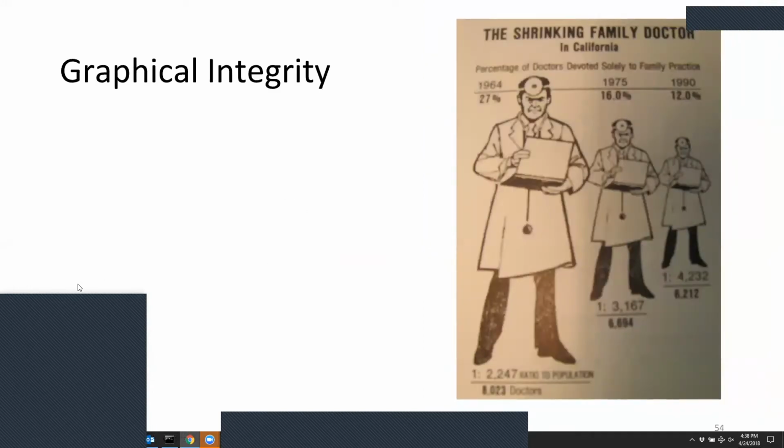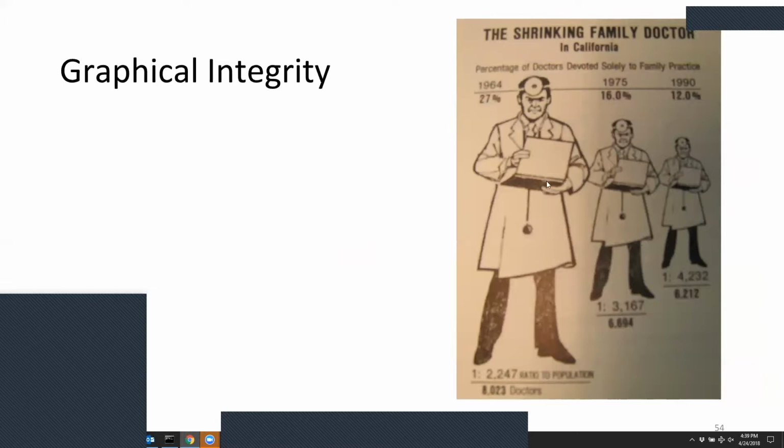With this dimension, things can become a little bit more interesting in terms of the idea of graphical integrity. So on the right-hand side is a good example of how to take advantage of some of these ways of encoding information. What we have here is the shrinking family doctor in California.